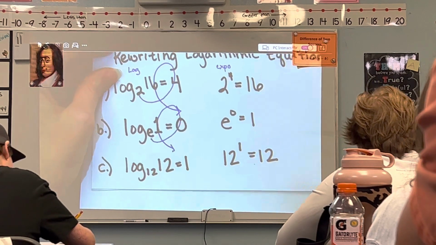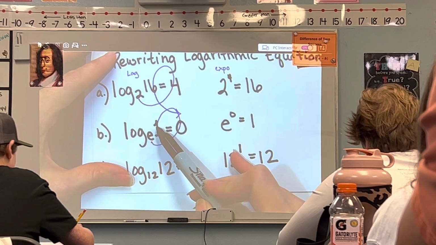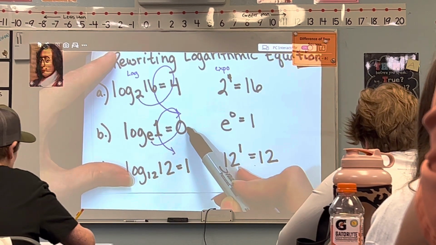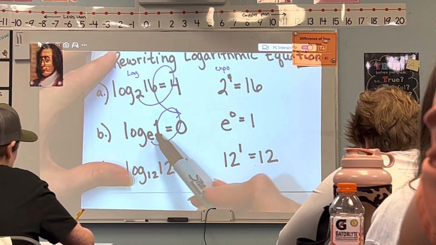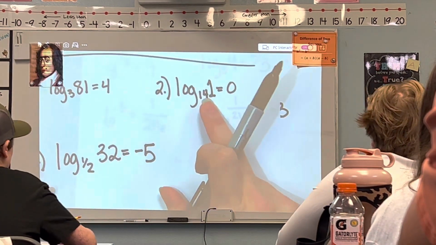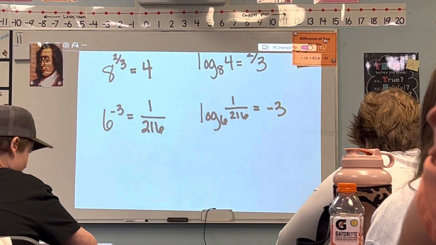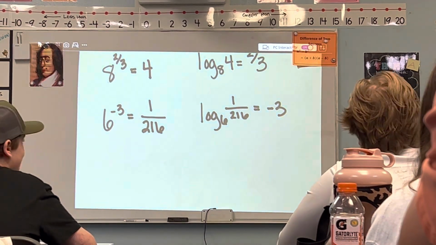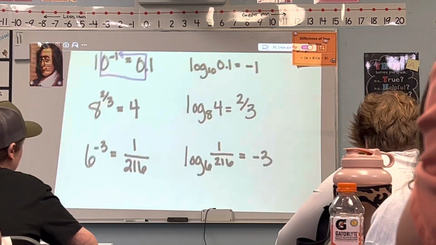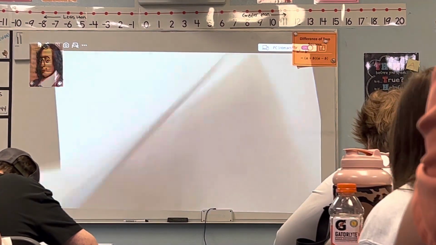Okay, so here's a real quick one, we're gonna learn some properties of logs. If I have the log of 1, what does it equal? 0. And it had a base e, right? I had a log with base 14 of 1, what did it equal? Zero. So there's a property that says a log with any base of 1 will always equal 0.